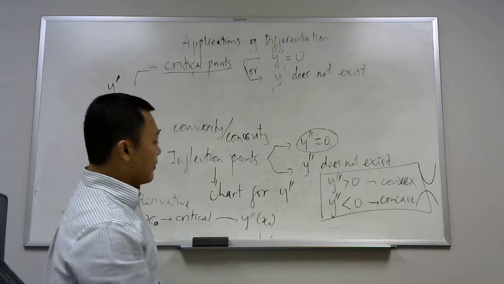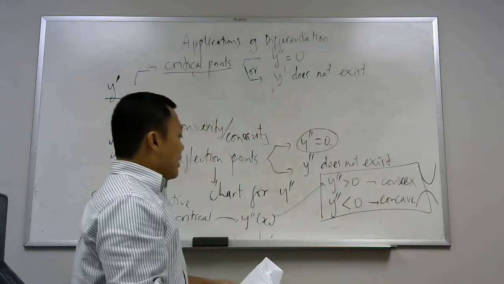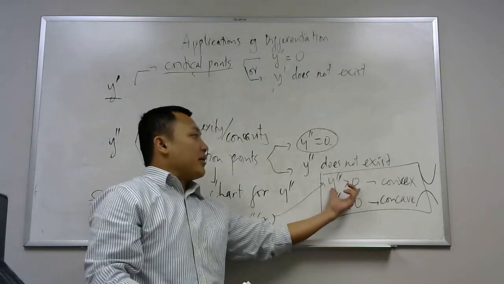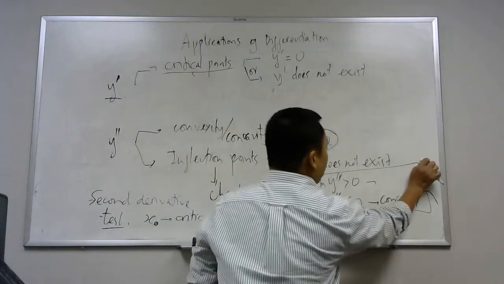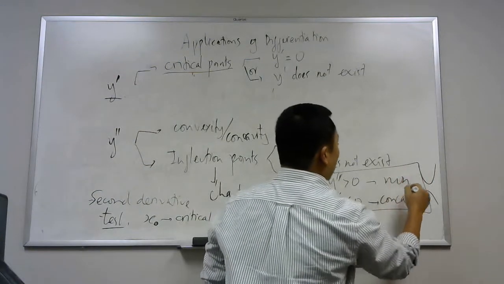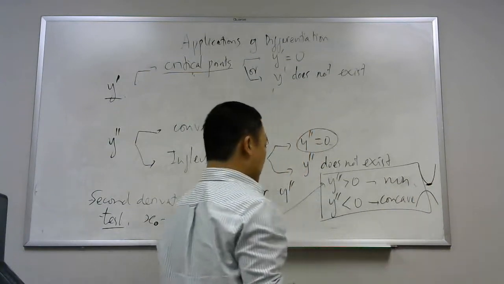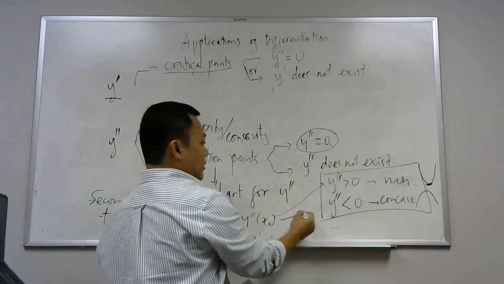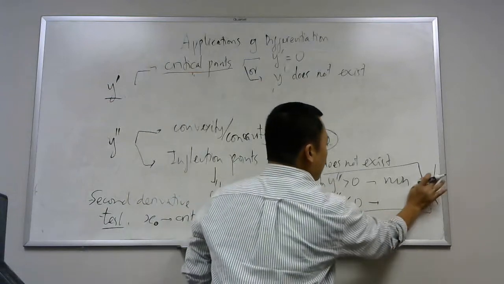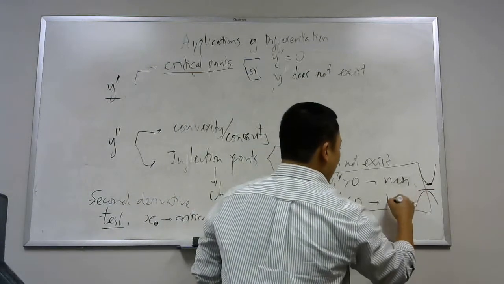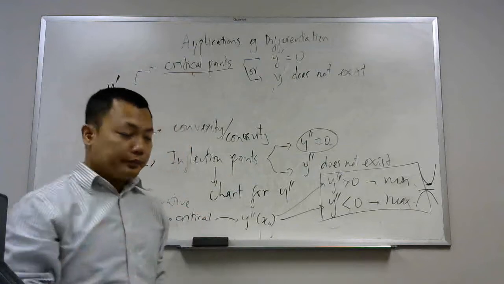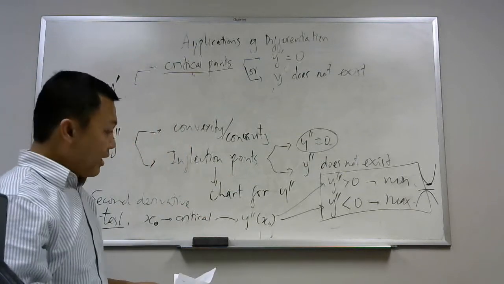If the second derivative at x0 is greater than 0, that is your local minimum, because the graph looks like this. So that should be a local minimum. If this value is less than 0, this is your maximum.